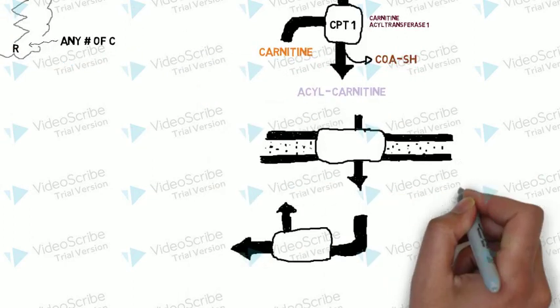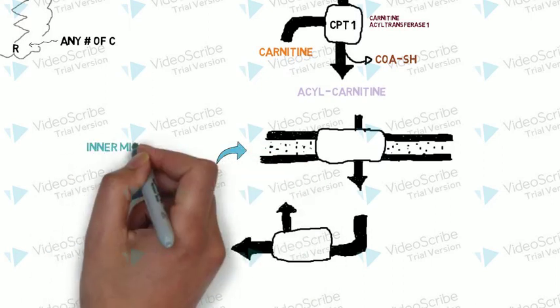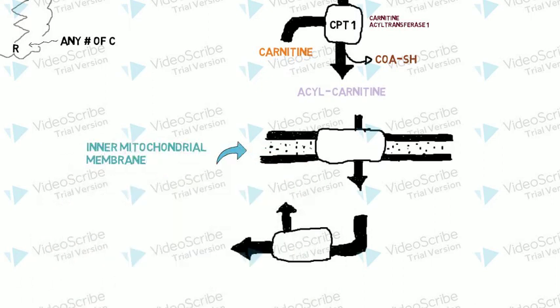Now here we have the inner mitochondrial membrane, and stuck in it is a transfer protein which allows the acyl-carnitine to pass through. Within the inner mitochondrial membrane, a coenzyme A molecule now gets reattached and carnitine is pulled off, and this recreates our acyl-CoA.